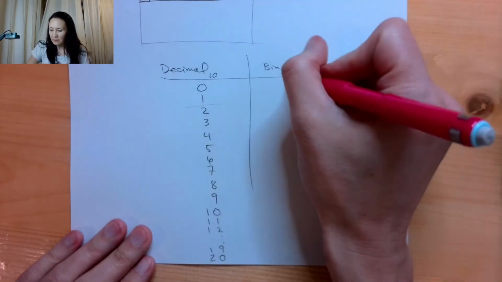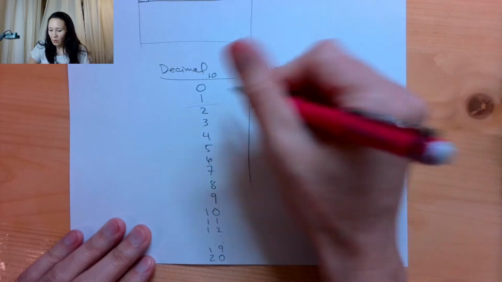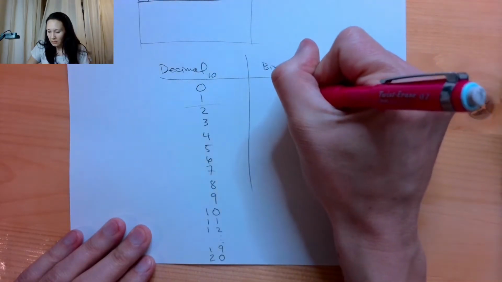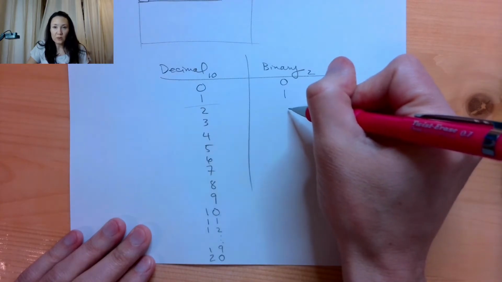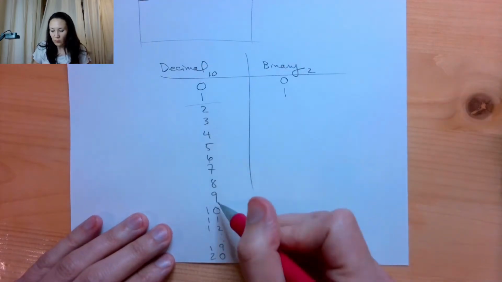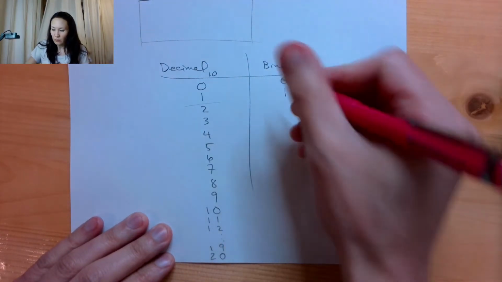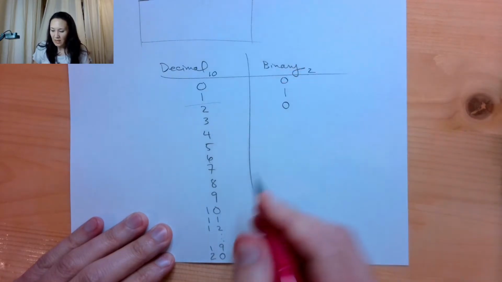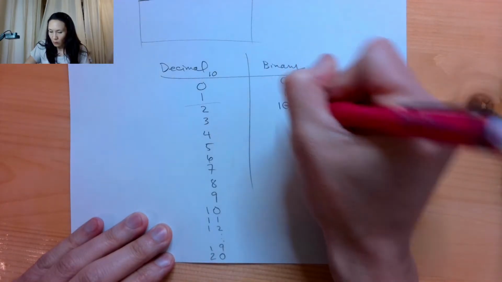So here's what happens. 0 in decimal is just 0 in binary. 1 in decimal is 1 in binary. But now we can't go on to 2 because 2 doesn't exist in the binary universe. So what did we do before when we were all out of numerals? We started back over at the beginning. So I start over at 0 and iterate in the left position from my 1 spot.